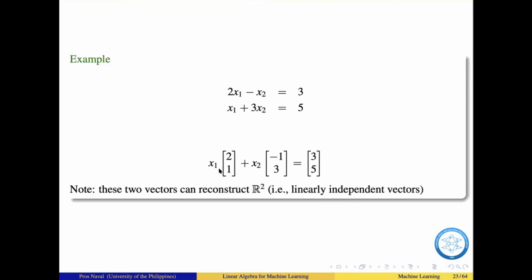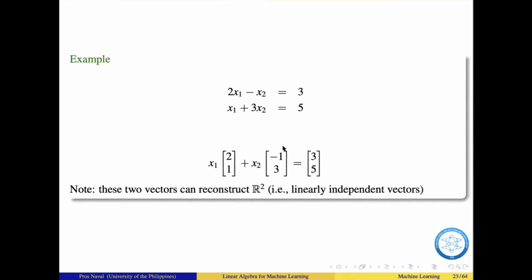If we allow x1 to vary from minus infinity to positive infinity, and the same with x2, it's clear that we can generate the entire two-dimensional space, right? So these two vectors can reconstruct R2 since they are linearly independent.